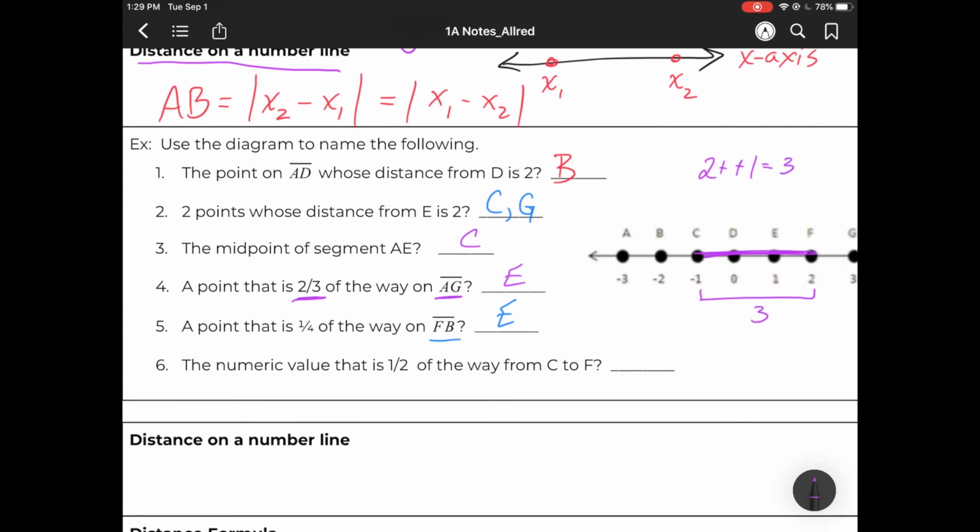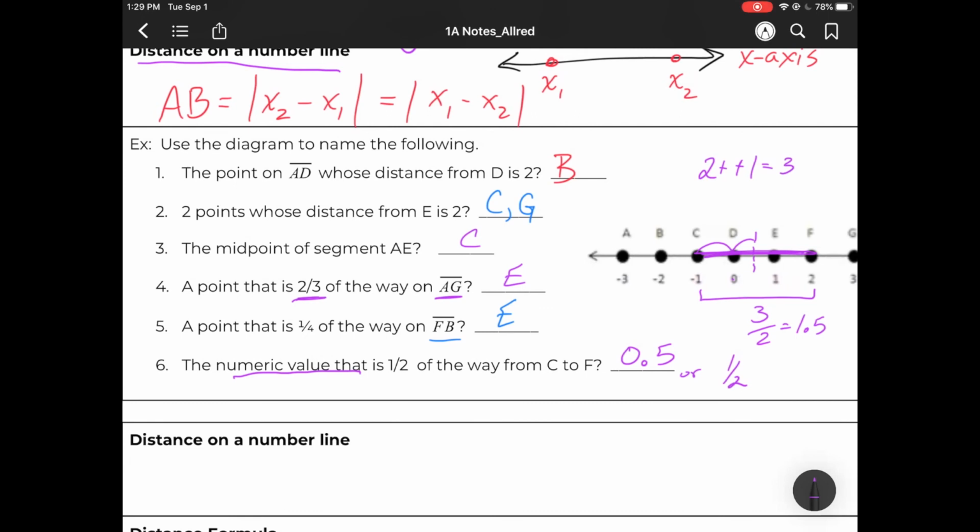So that full length is 3. Half of that 3, when divided by 2, is 1.5. So I should go 1.5 from the endpoint, and it puts me halfway between 0 and 1, which is why they want the numeric value. There is no letter there. Well, at that point between 0 and 1 is the number value 0.5, or you can write it as a fraction 1/2.